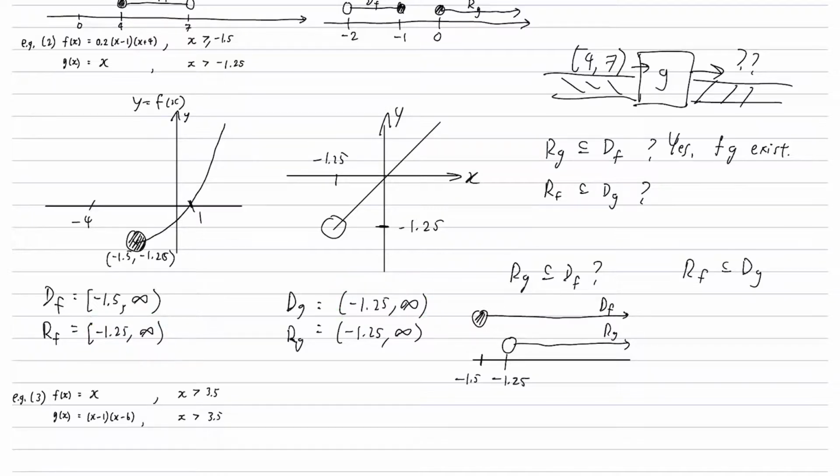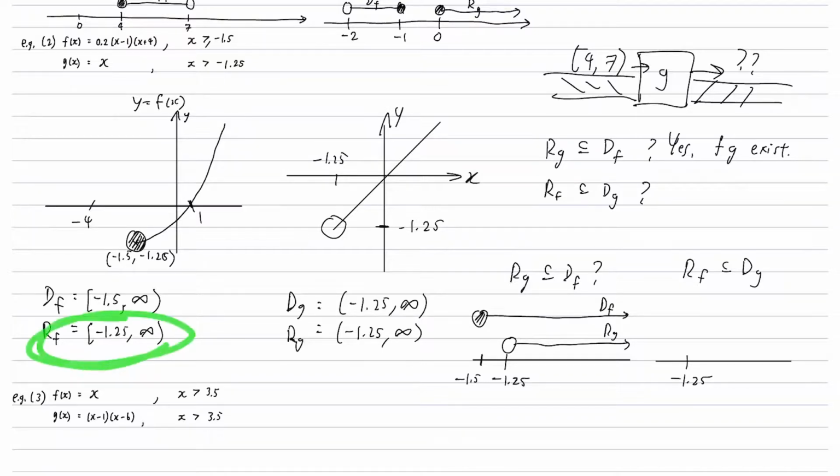Let's figure it out. Draw a number line. Then what is the RF and DG? It's here and here. There's a -1.25, and then infinity. So let's just label -1.25 and an infinity, don't need to label. So let's figure out what is RF first. Square bracket -1.25 comma infinity.